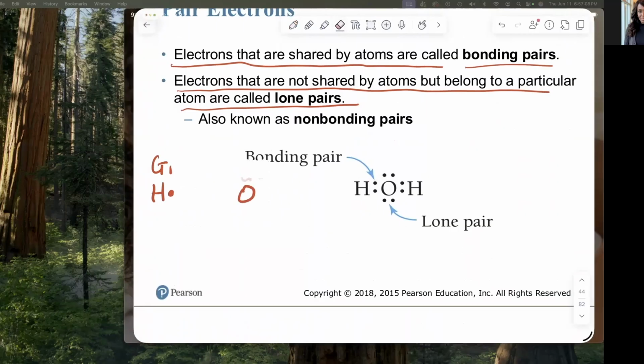So let me try to move this out of the way so I can draw my 6 dots. Group 6. 1, 2, 3, 4, 5, 6. When you're trying to pair electrons, valence electrons, and mind you, when Lewis is drawing the symbols, the dots represent valence electrons.